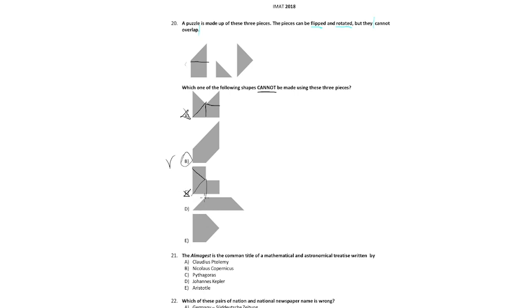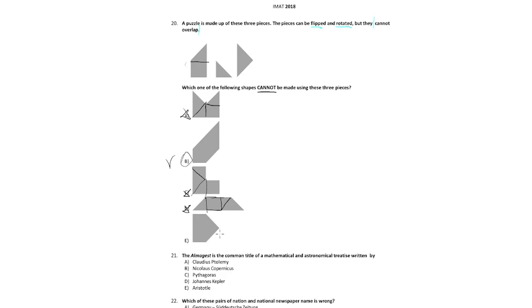Letter D can also be made because this is the small piece. Then we put this triangle here, and then we can see that we have our square plus the triangle. So letter D is also not our answer.